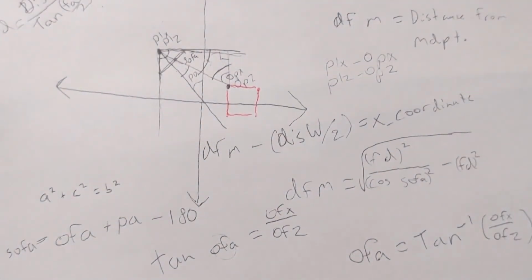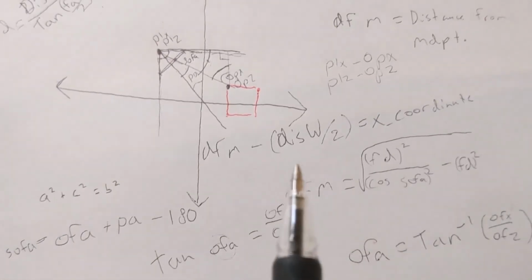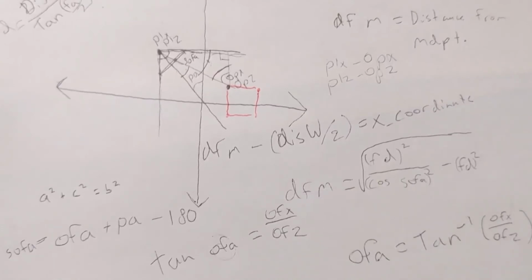So now we've got the X coordinate. From here on, in the math, we can just substitute all things pertaining to X for Y, and then we have the Y coordinate.